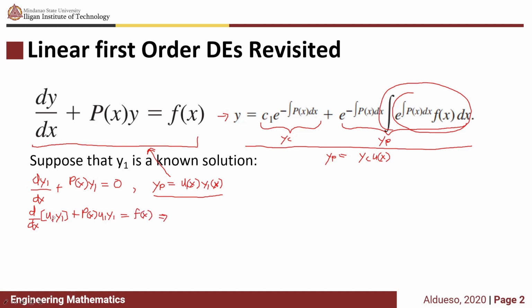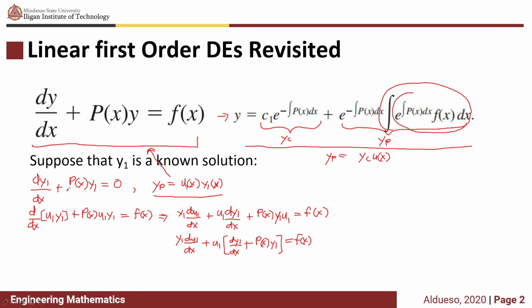Now using the product rule, we can write this equation as y1 du1/dx plus, factoring out u1, u1 times (dy1/dx plus p of x y1) equals f of x.